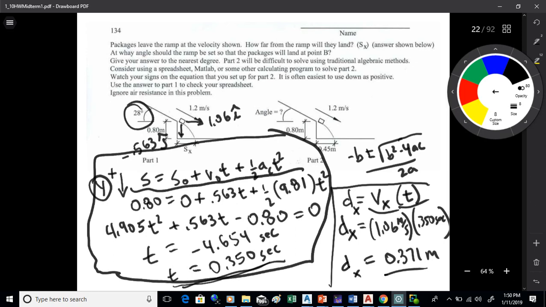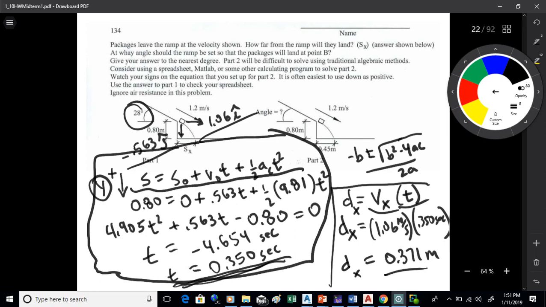I would leave that as a variable now, but I would follow this exact process, but instead of using those numbers, I would use sine 28 times 1.2 for the y and cosine 28 times 1.2 for the x. Then I would plug in different angles and see how long it would take for the block to hit the ground for those angles.